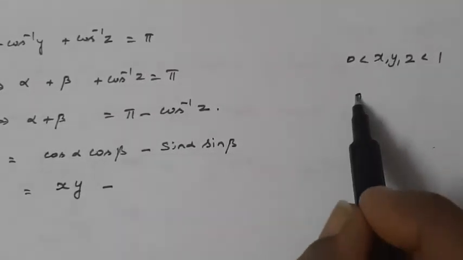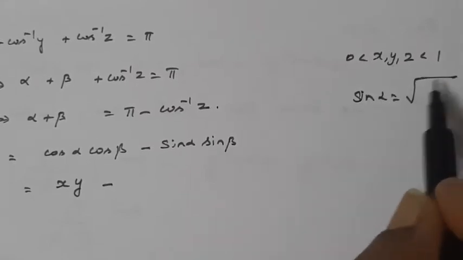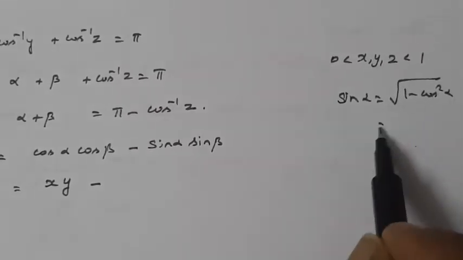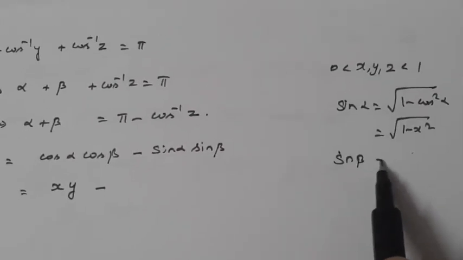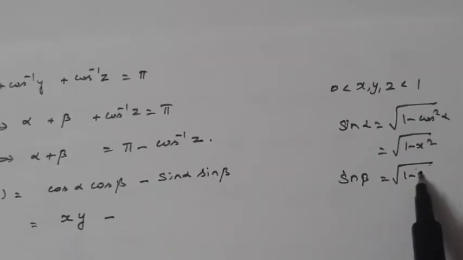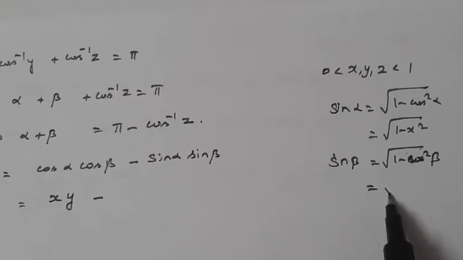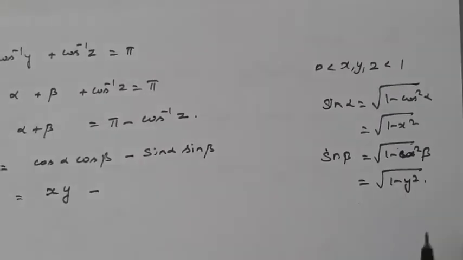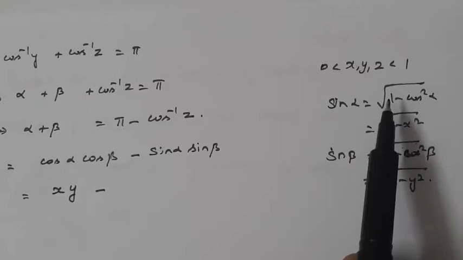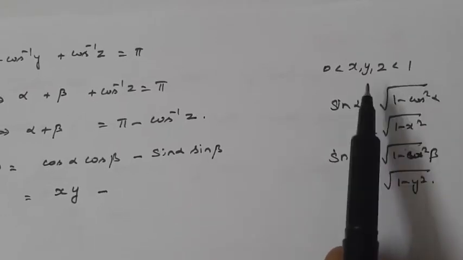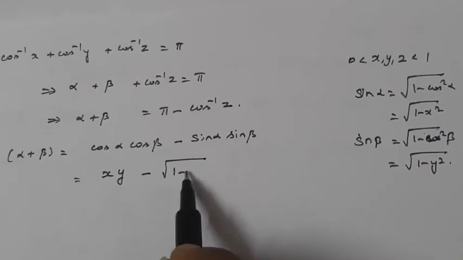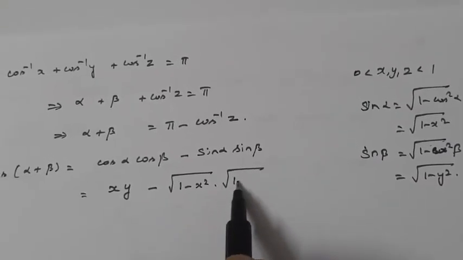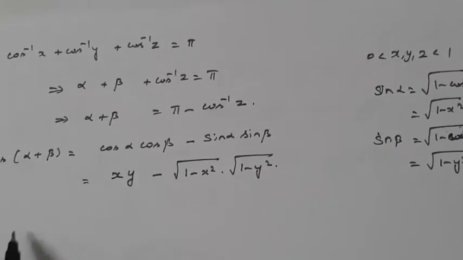Hence we can write sin alpha is equal to root of 1 minus cos squared alpha, that is root of 1 minus x squared, and sin beta is equal to root of 1 minus cos squared beta, that is root of 1 minus y squared, because as alpha and beta lie in the first quadrant, sine is positive. Therefore, we can replace sin alpha and sin beta by root of 1 minus x squared and root of 1 minus y squared.